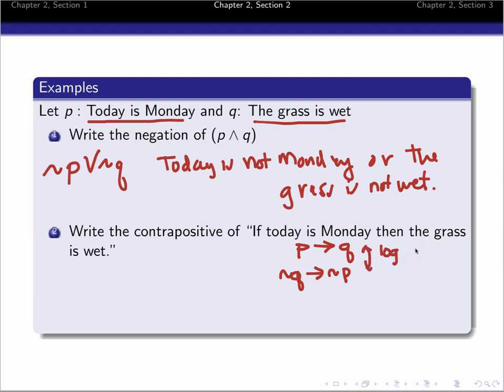So you can build a truth table for both of them and see that they are logically equal. So the contrapositive, again, swaps the order. So I'm going to have if the grass is not wet, then today is not Monday.